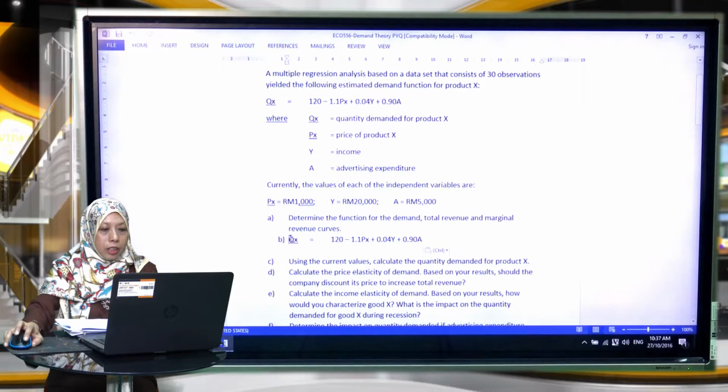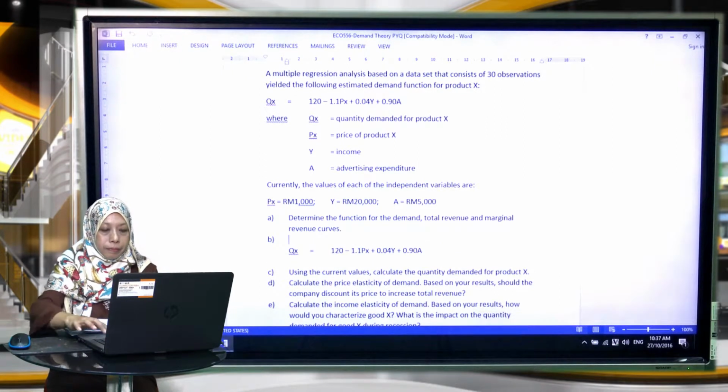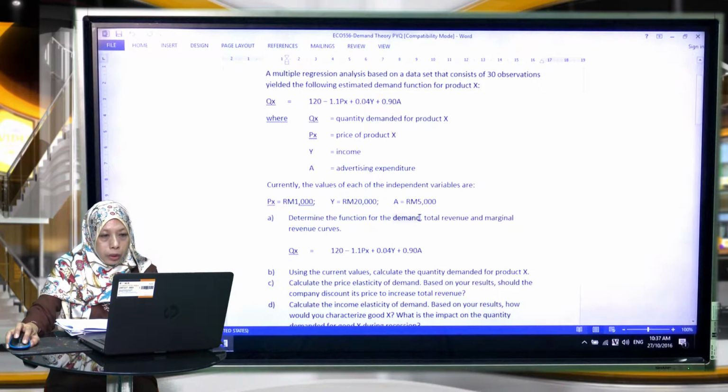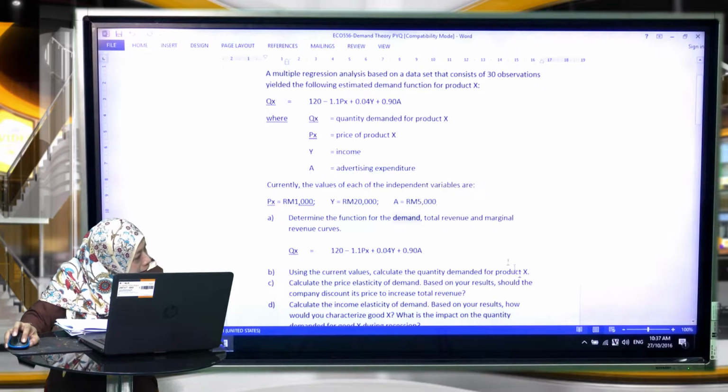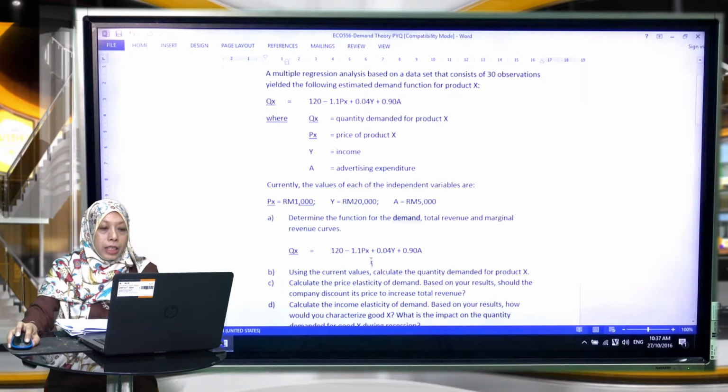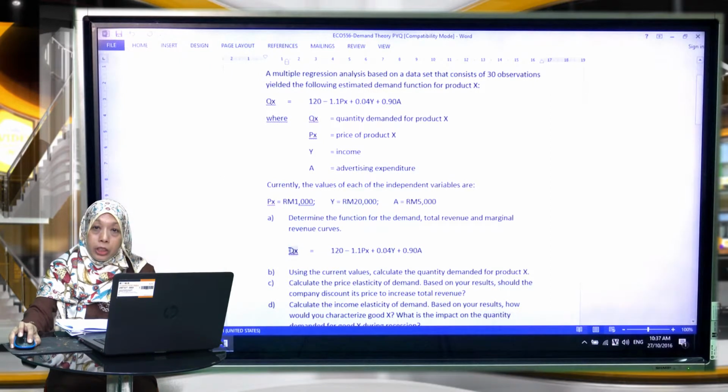This is your original demand function. Remember, first of all, we want to find the demand curve function. A demand curve function only shows the relationship between Qx and Px only. So what are we going to do with all the other variables? You have to assume them as constant.